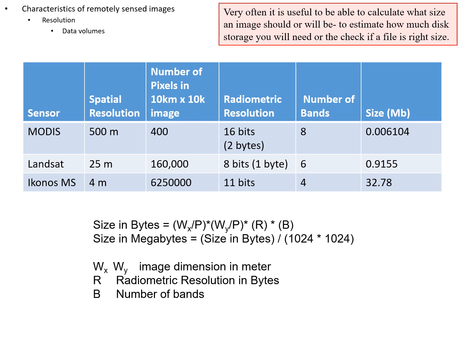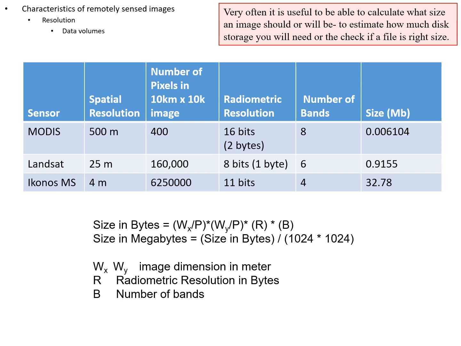The radiometric resolution is 16 bits, which is 2 bytes. I'm trying to avoid getting into the technical discussion of what bits and bytes are, but it's the amount of memory taken by one observation or one pixel. It's got 8 bands, and so for a 10 kilometer by 10 kilometer area, it's 0.006 megabytes, so it's 6K.